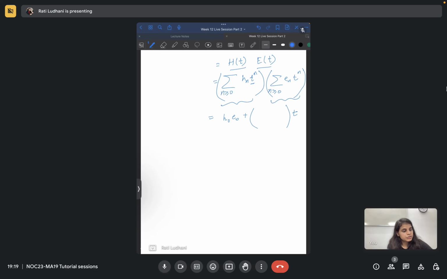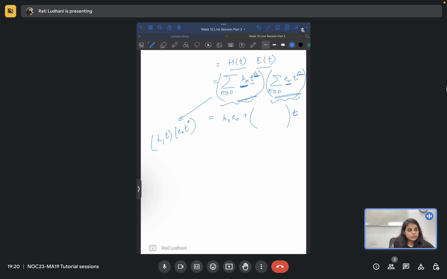When will we get the coefficient of t? When we multiply h_1 by e_0, because we want the sum of the degrees to be 1. From the first summation we take h_1 t, and from the second e_0 t raised to power 0.